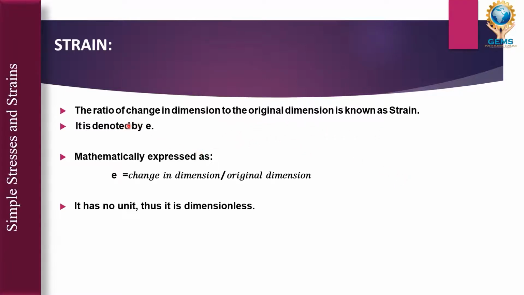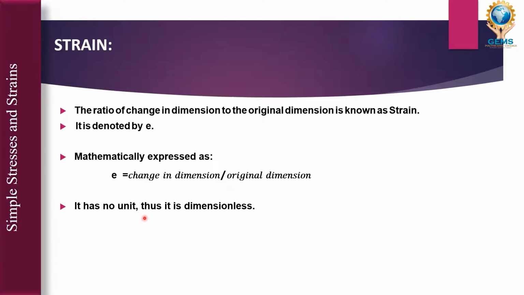That means the ratio of change in dimension to the original dimension is known as strain, and it is denoted by a small letter e. Mathematically it is expressed as change in dimension divided by original dimension.